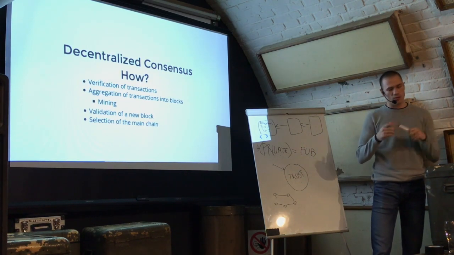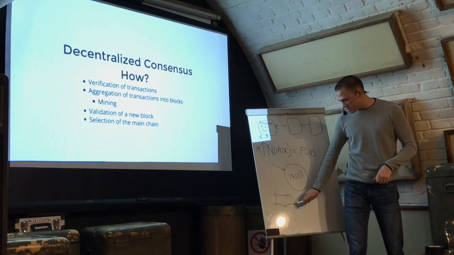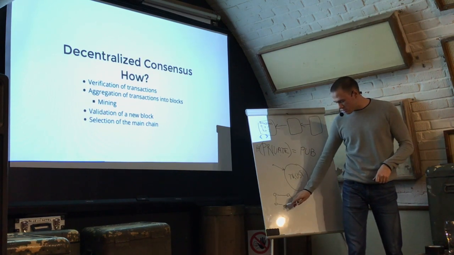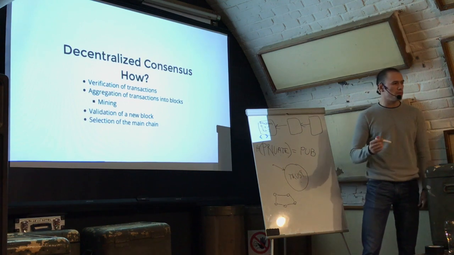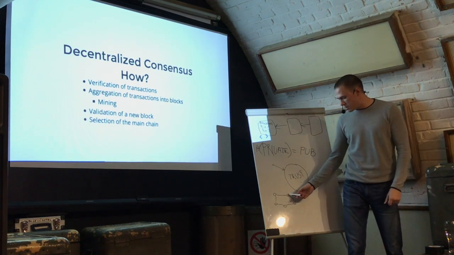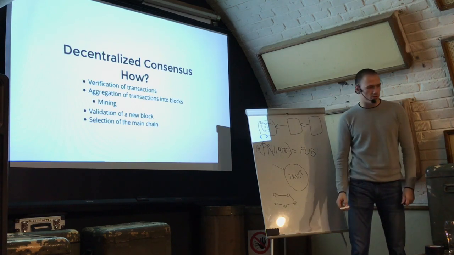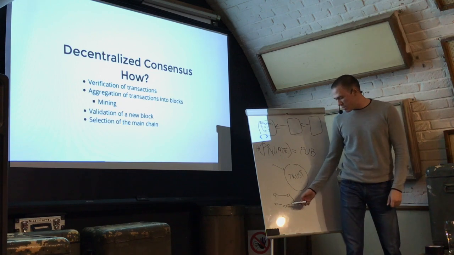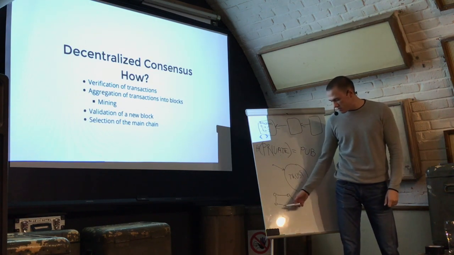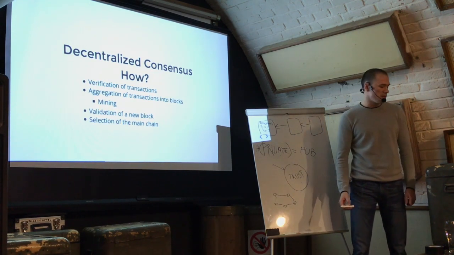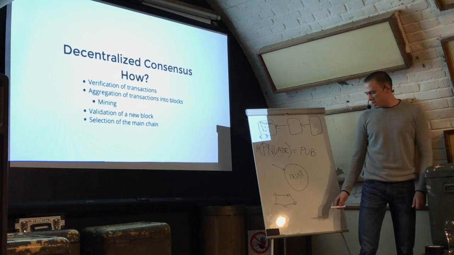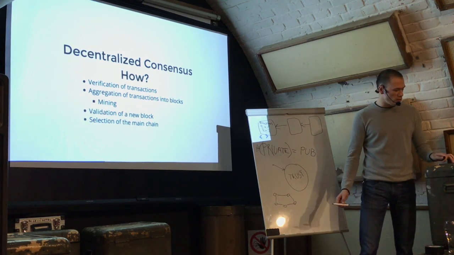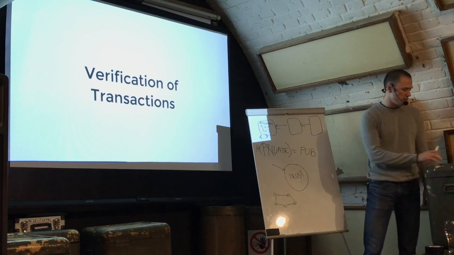How can it be that this node has all the data and this node has all the data, and they all believe each other? They all believe the network, that there isn't one node that says, okay, every transaction is sent to me, so I'm the owner of all the funds. This is done by the emergence of the decentralized consensus.